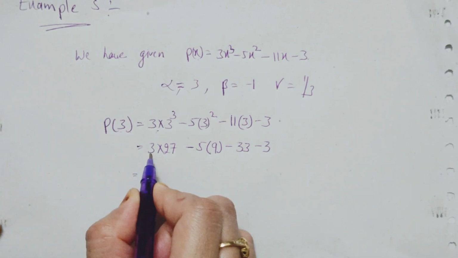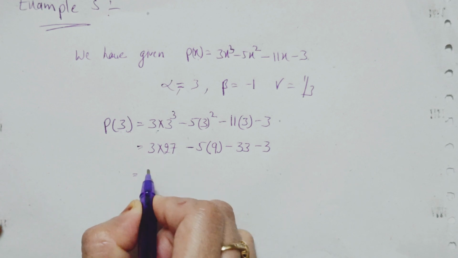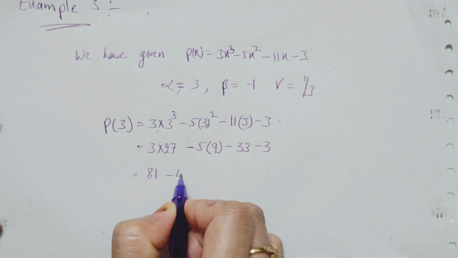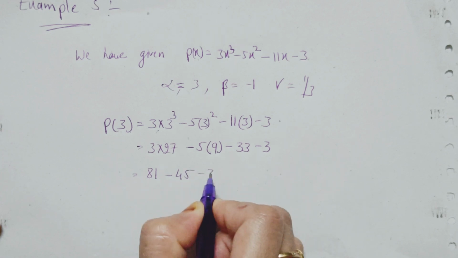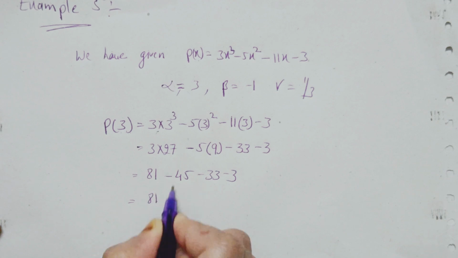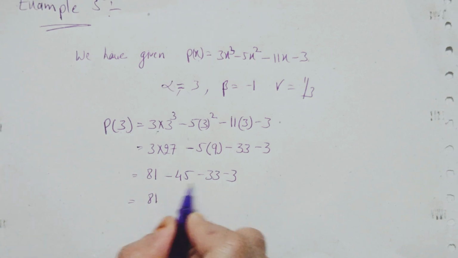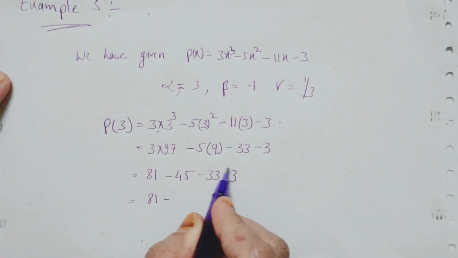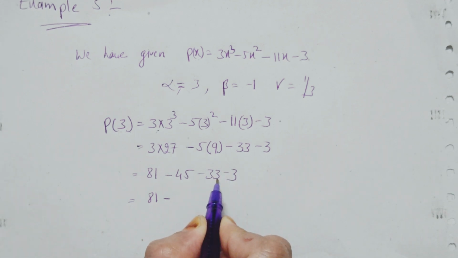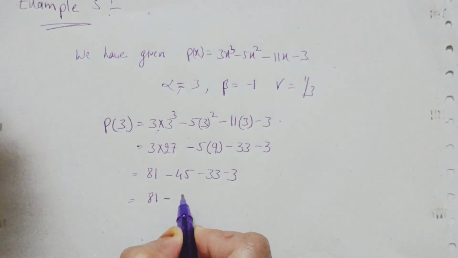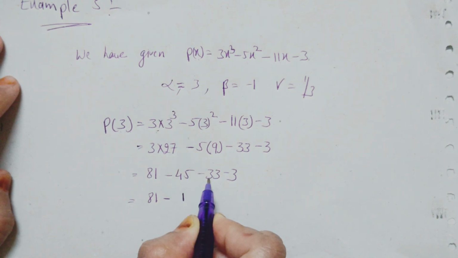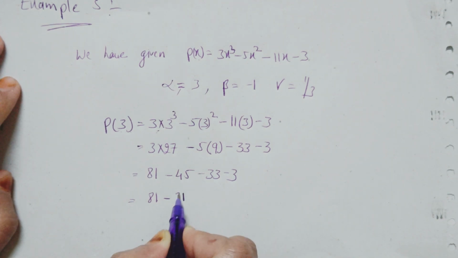Okay, so 3 into 27 is 81. Then 9 5s are 45, minus 33, minus 3. So 81, and these three are the negative terms. That's why we have to add these first. 5 plus 3 is 8, 8 plus 3 is 11, carry 1, 4 plus 1 is 5, then 3, 8, which means 81.